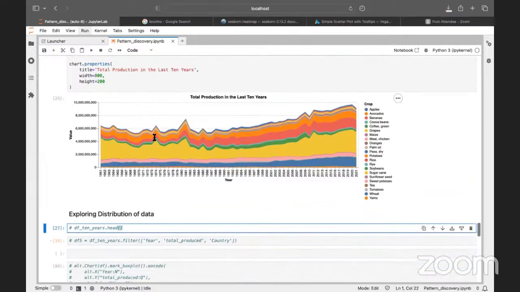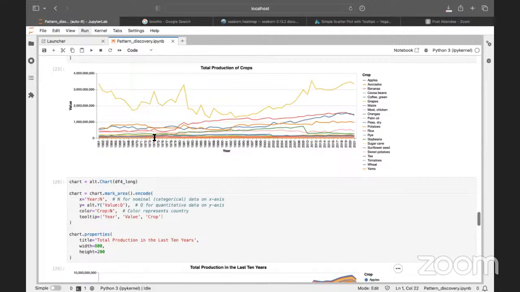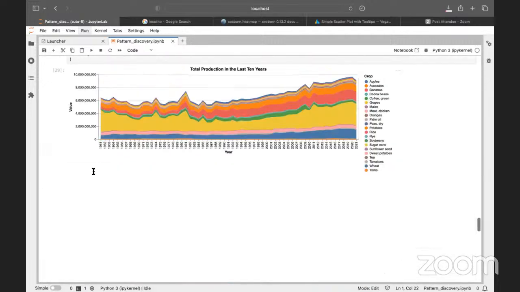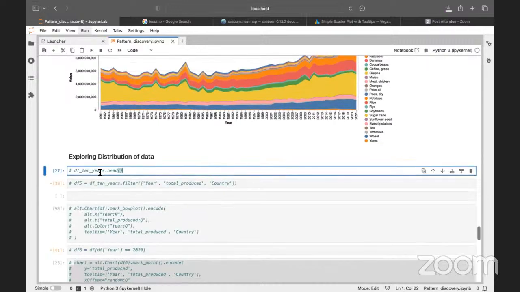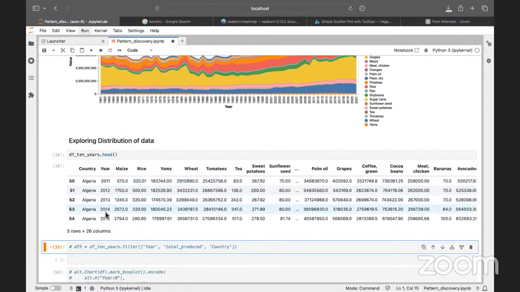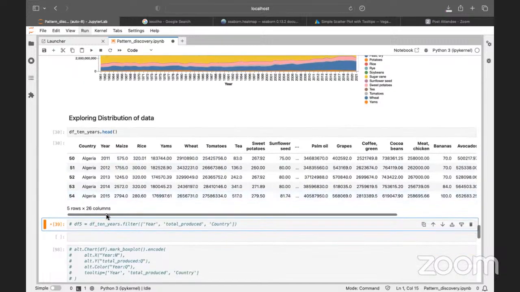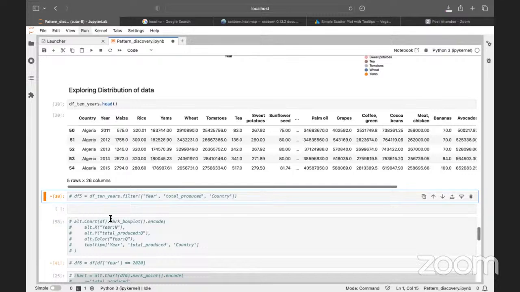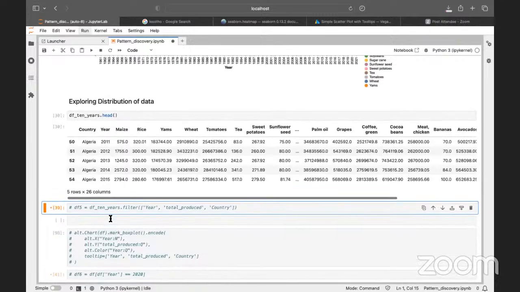Okay, so remember that much earlier in our last class, we worked with the 10 years. We specified our data set, right? We were able to filter out for the last 10 years, from 2011 to 2021. And for this, we're going to be using a box plot to try and understand the total production across the various years.